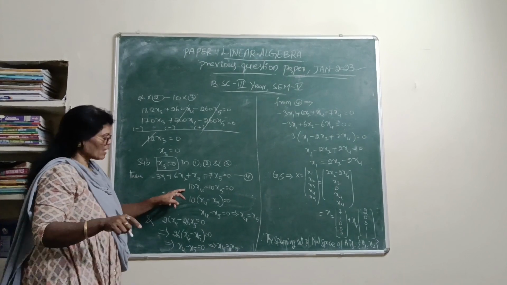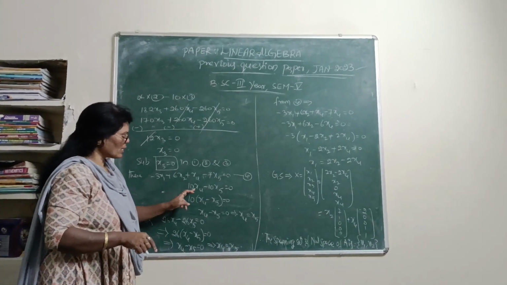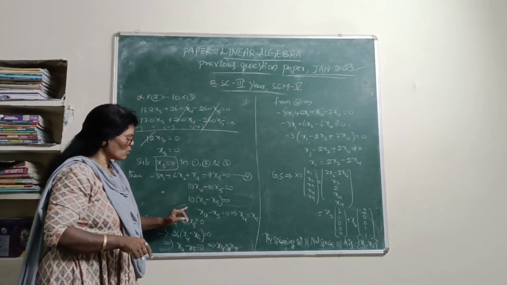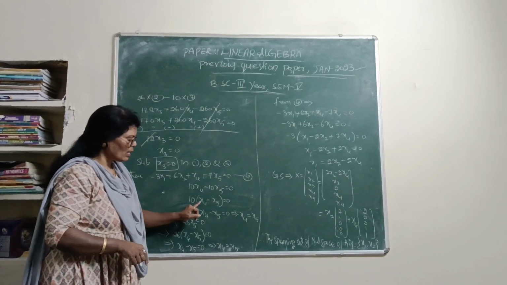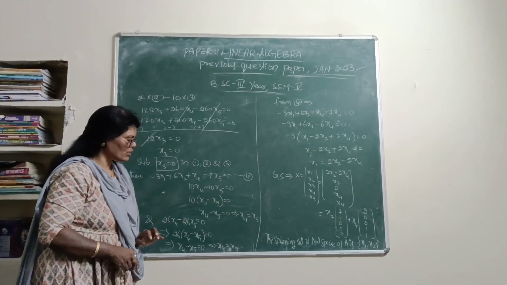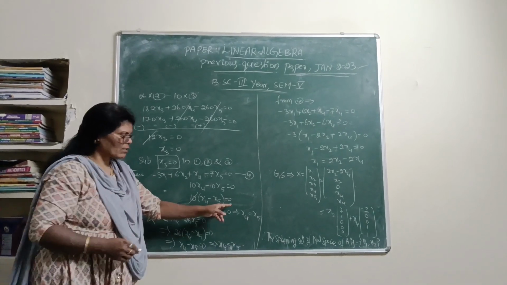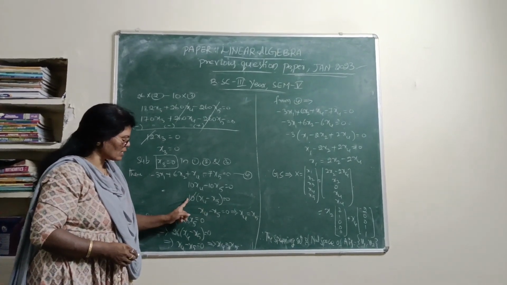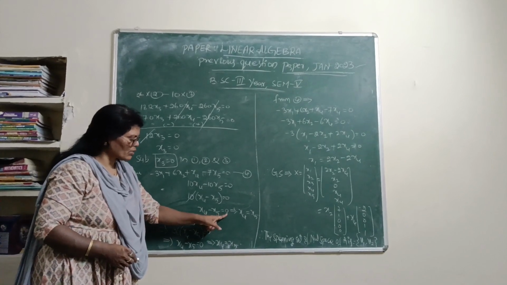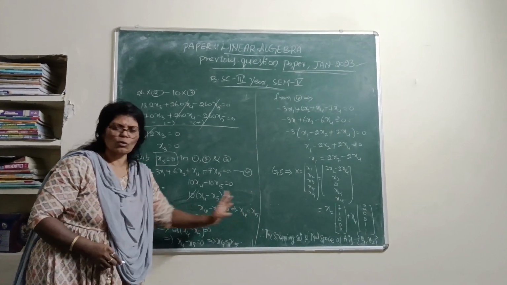Similarly, in the second equation, x3 is 0, so 10x4 minus 10x5 equal to 0. Taking 10 common, x4 minus x5 is equal to 0, so x4 is equal to x5.